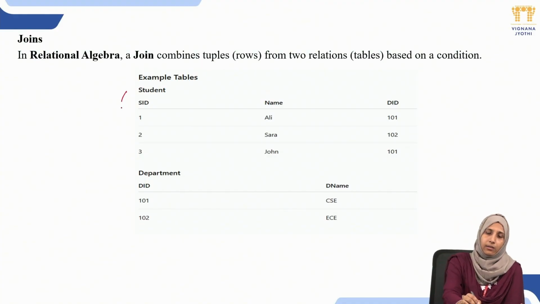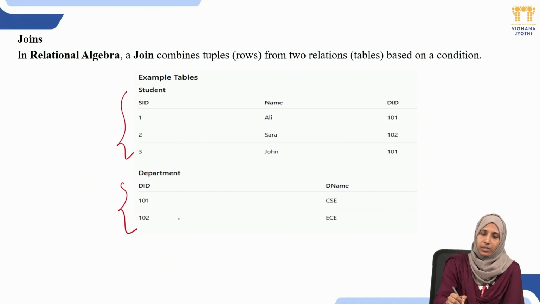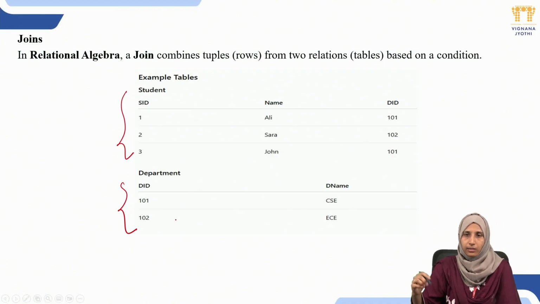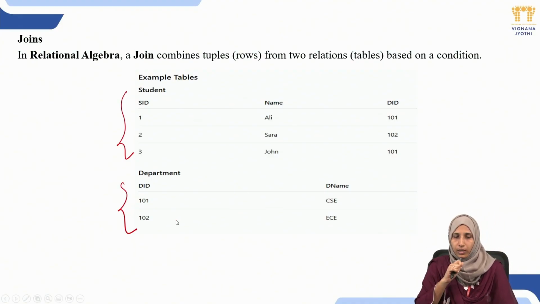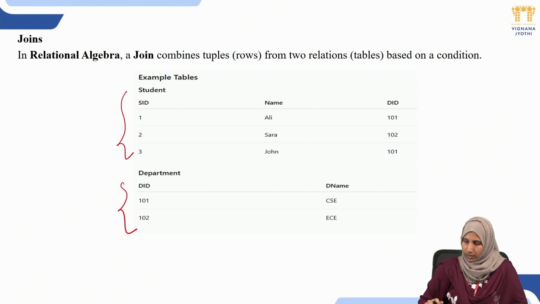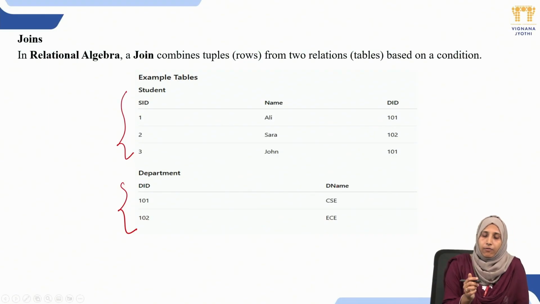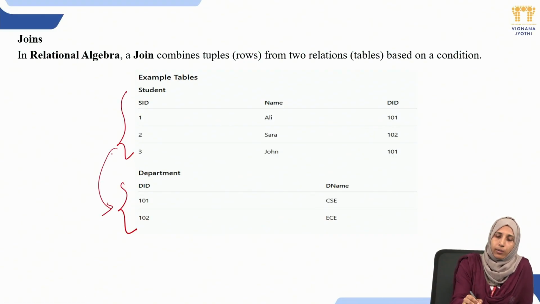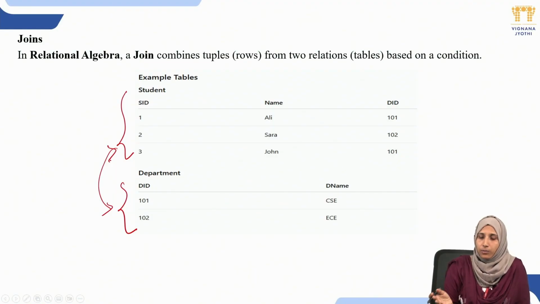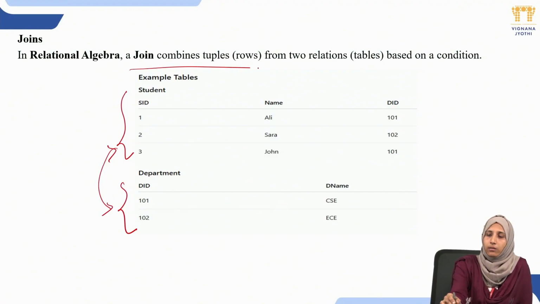See here again, the student table and department table, the same relations we have been referring to since we started relational algebra. Under the student table, we have 3 columns, SID, name and DID. The department table has DID and DName. If you want to join these two tables to extract some details out of them, then we apply this join concept.